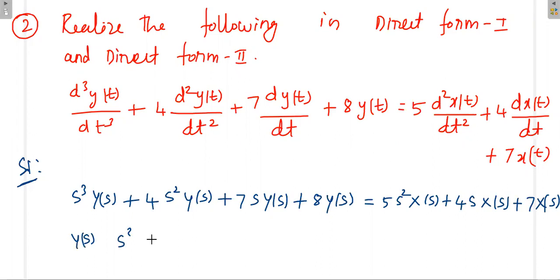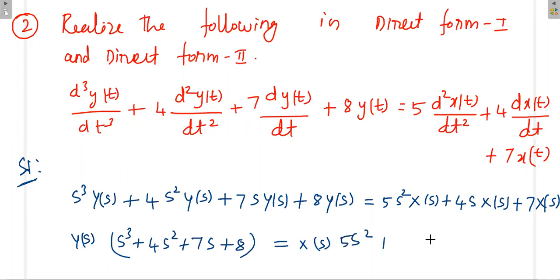Now take Y of s separately: s cube plus 4s square plus 7s plus 8. Here take X of s separately: 5s square plus 4s plus 7. Again bring that X of s to this side.